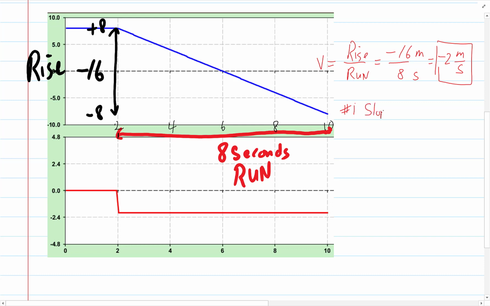The slope of a position time graph gives us the velocity. Okay, that's our rule.